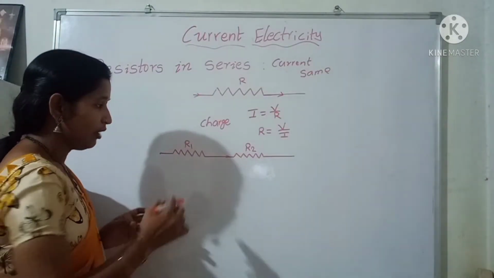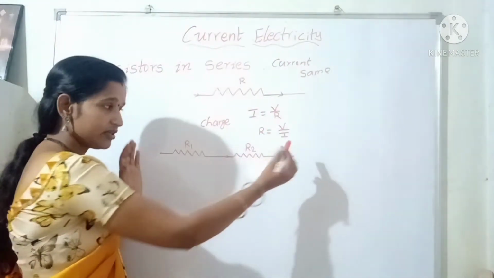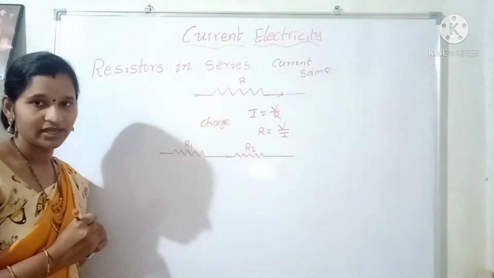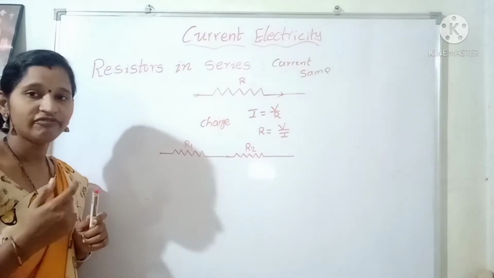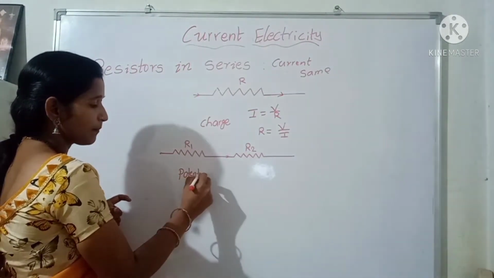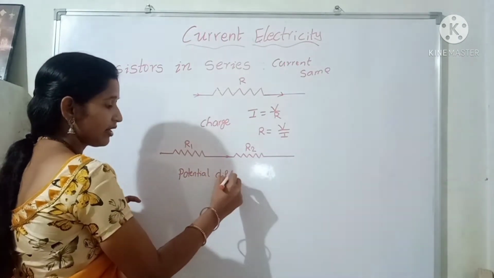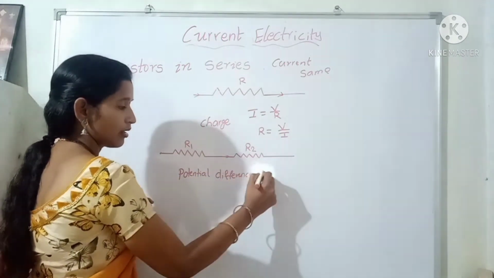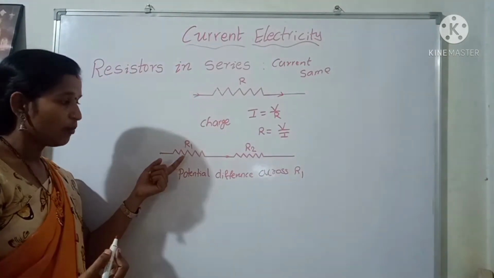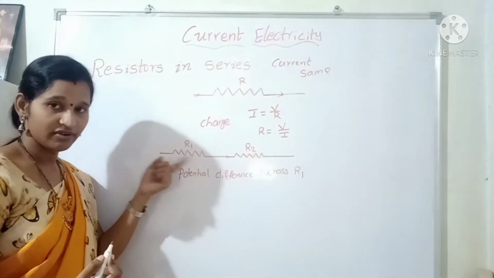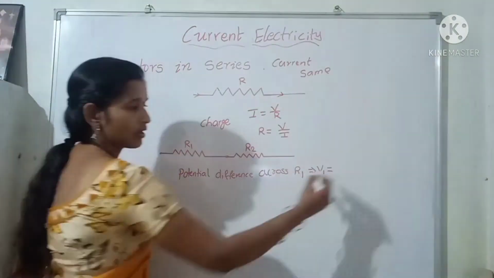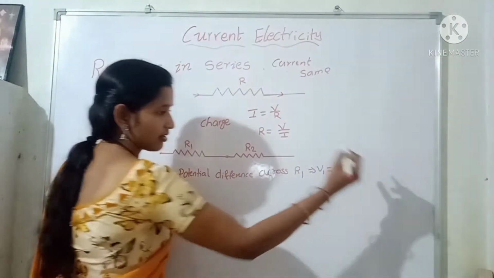Now this is R1 and this is R2. For this combination, we have to find the equivalent resistance. First, take the potential difference across R1, that is V1 equals I R1.